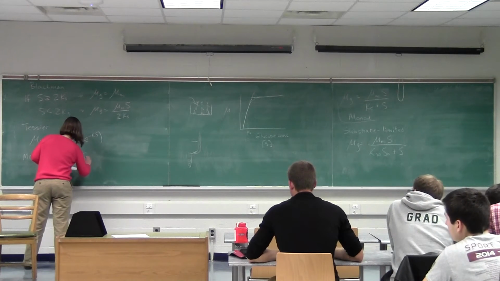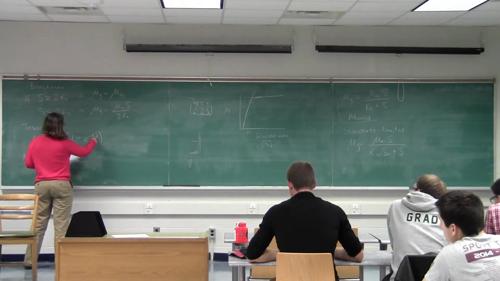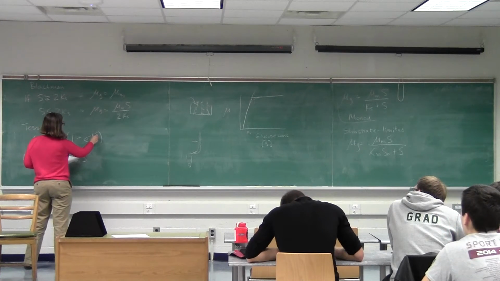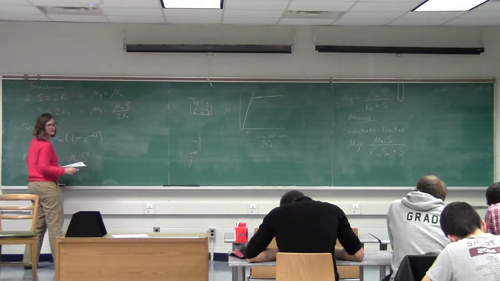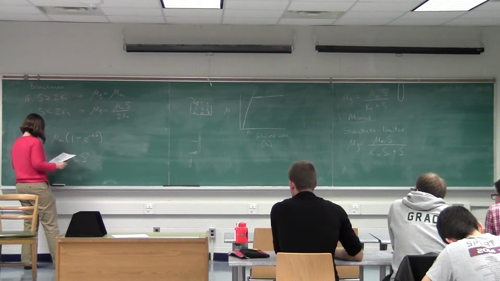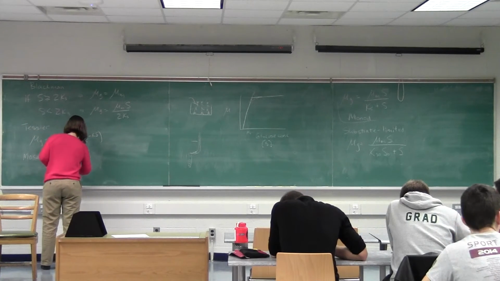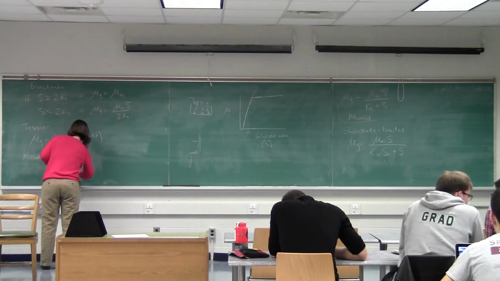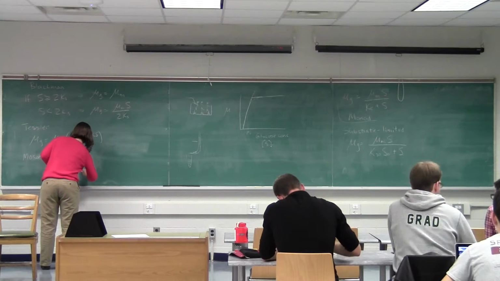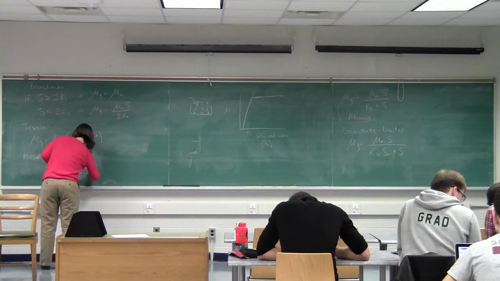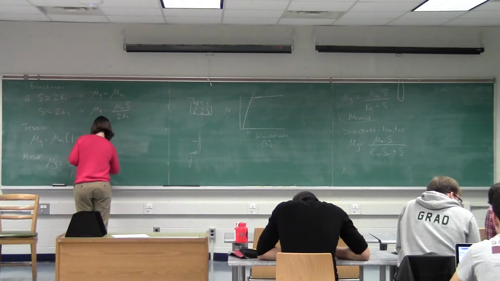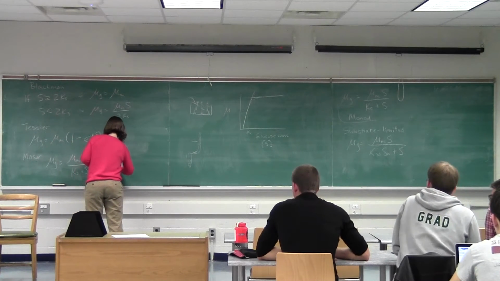Is that K times S or KS? K times S. So this is a big S, not a subscript S. Okay, S to the n over KS plus S to the n, which if you rearrange is mu n.